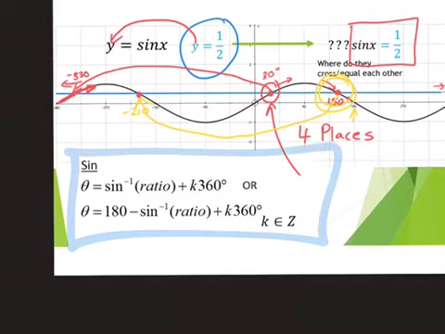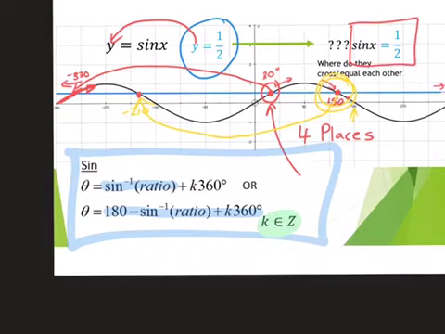So for sine, you take the angle your calculator gives you when you say shift sine of the fraction or number, and you add K360. Again, I'll talk about the K now. Or you say 180 minus the angle, plus K360. So we had 180 minus 30 got us the 150. Or we just had the 30 plus K360. Now, it very specifically says that K is an element of integers.